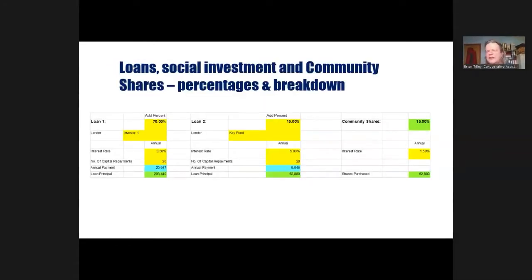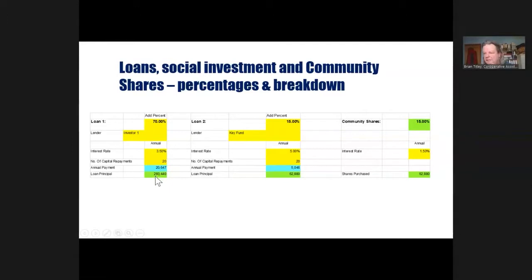So there was that shortfall of £419,200. So how do you make that shortfall up? Well, what happens is you put in your percentages here as how much you want from loan one, how much you want from loan two, and how much you want from community shares. It might be that you don't want anything from community shares, you just put zero in there, or you've just got one loan, it's 100%, and you know what the interest rate is that you want.